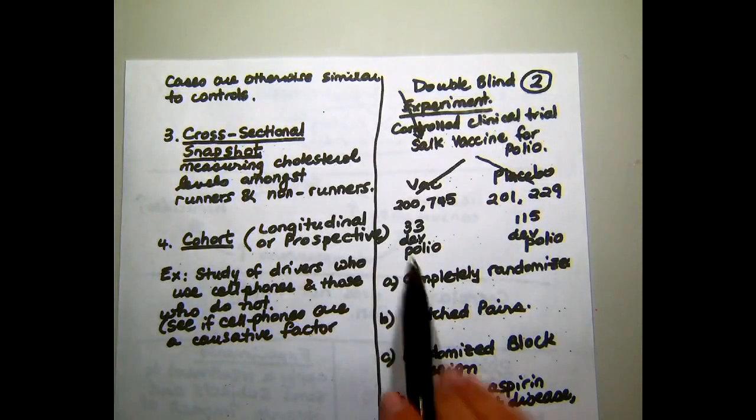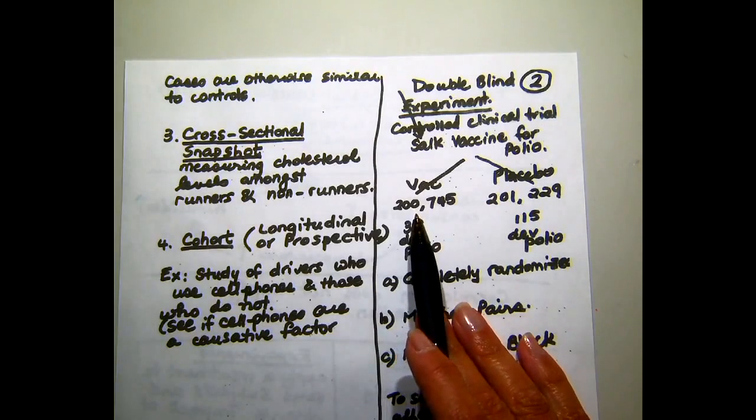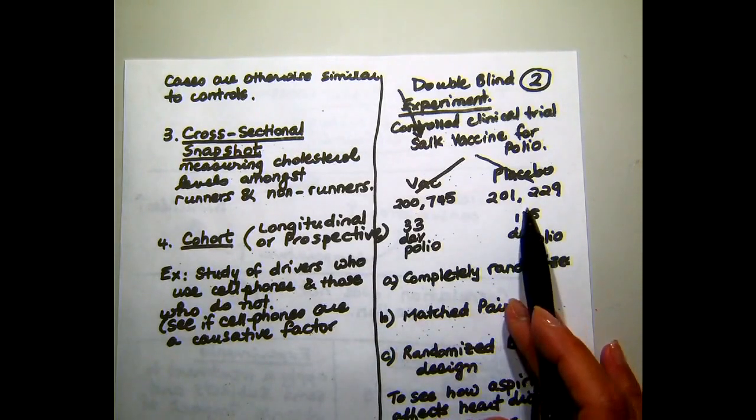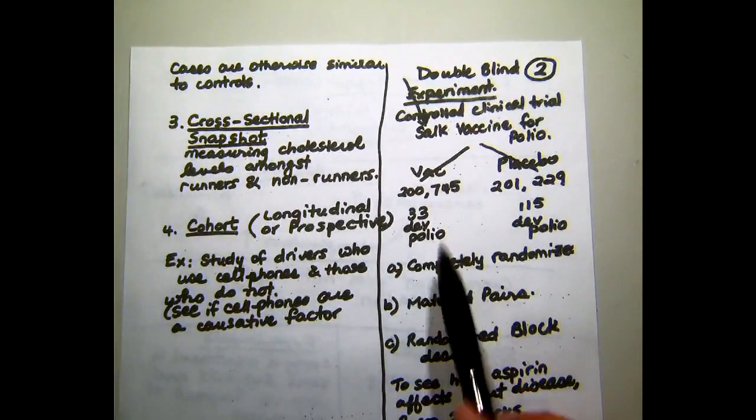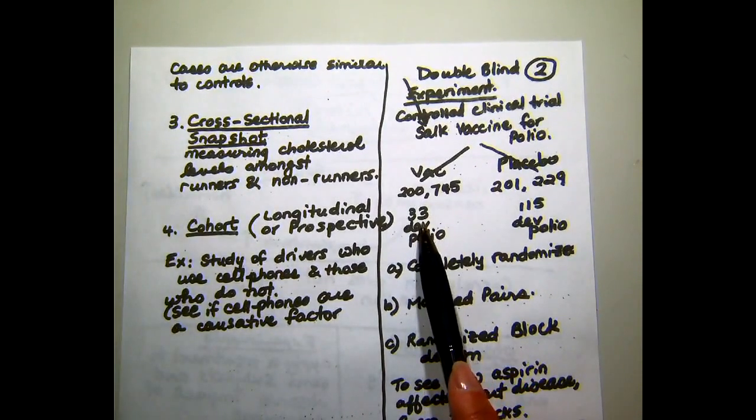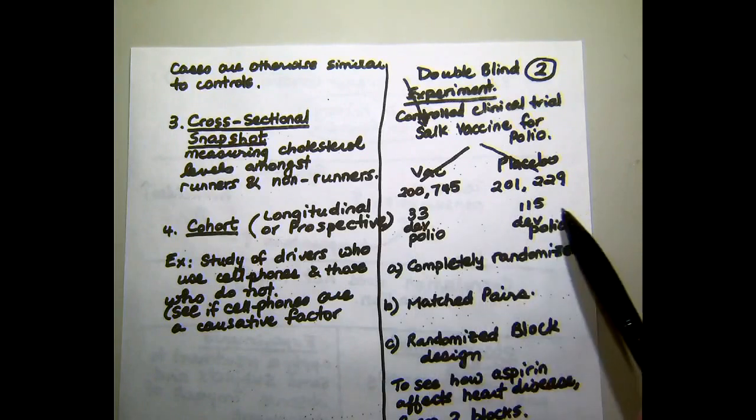The vaccine was given to 200,000 odd people, and the placebo was given to 201,000 odd people. And it was observed that 33 of the vaccinated people developed polio, whereas 115 of those given the placebo developed polio. This is an experiment because some were given a vaccine and some were not.